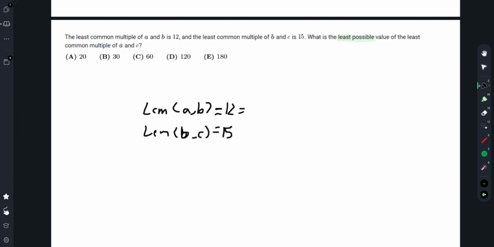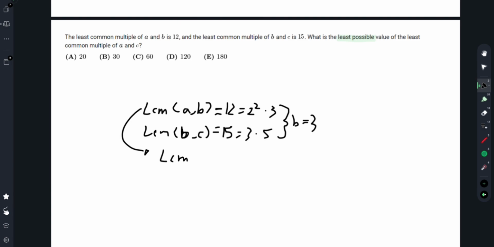Well, 12 is equal to 2 squared times 3, and 15 is equal to 3 times 5. We're trying to minimize the possible values of A and C, which means we also have to minimize the value of B. And from these two things, we can conclude that B is equal to 3 when we're trying to minimize the value. So from this, we can rewrite the equations.